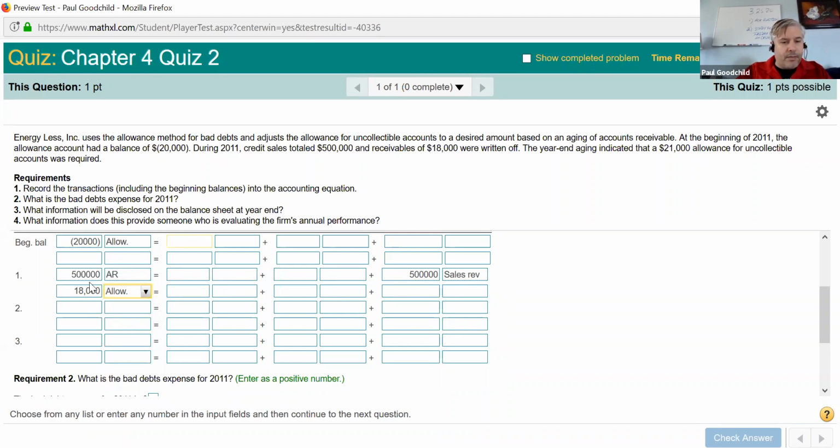And I think they would want us to net it because I don't have enough space here. And so I'm just going to see what they have here. This should be 482,000. And how I got that, I'm typing it in the chat.